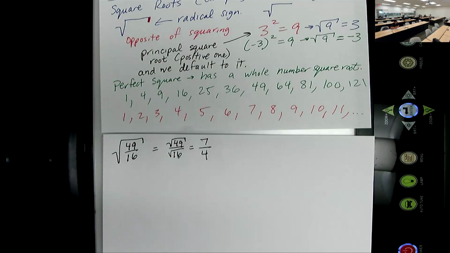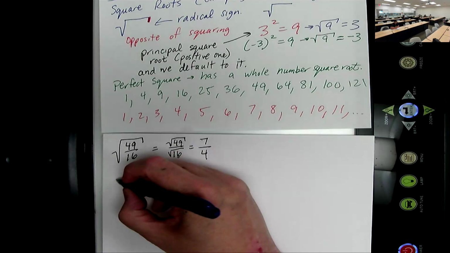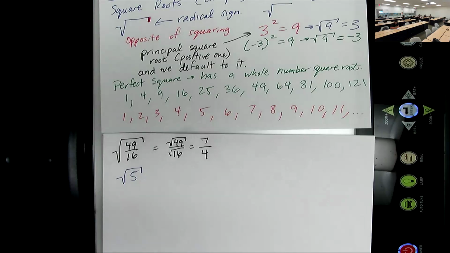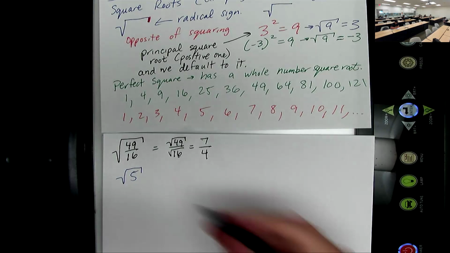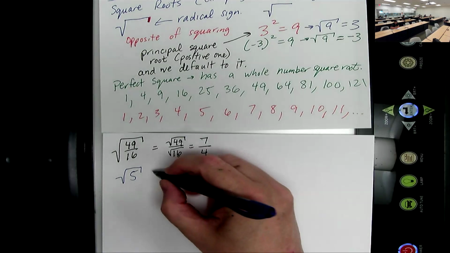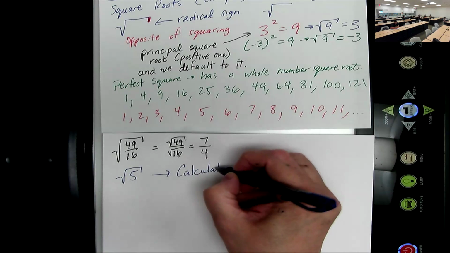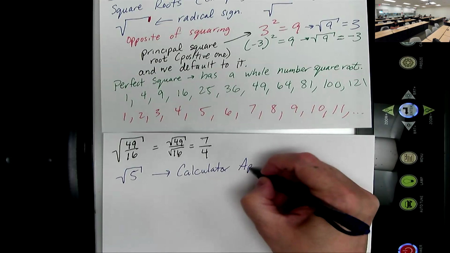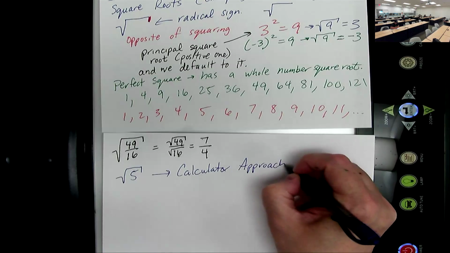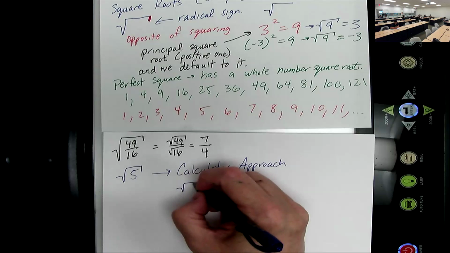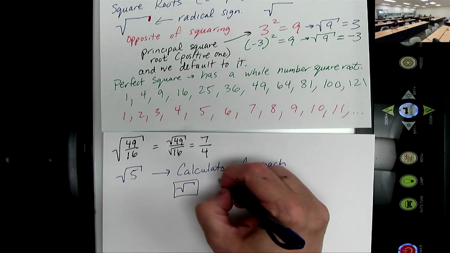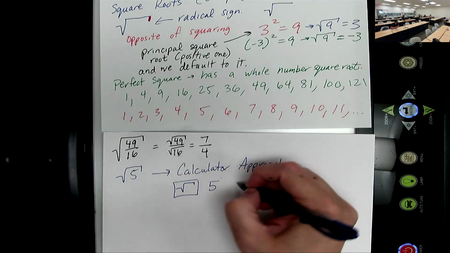Some numbers though, like the square root of 5, we need a calculator for. There's generally a couple of ways to do it depending on the calculator. Some of them require you to hit the square root key beforehand, hit 5, and then hit equals.